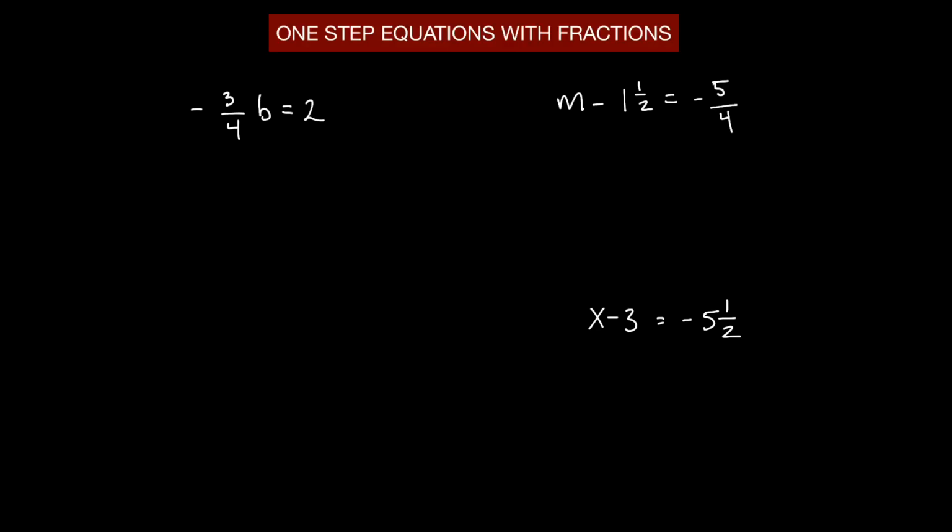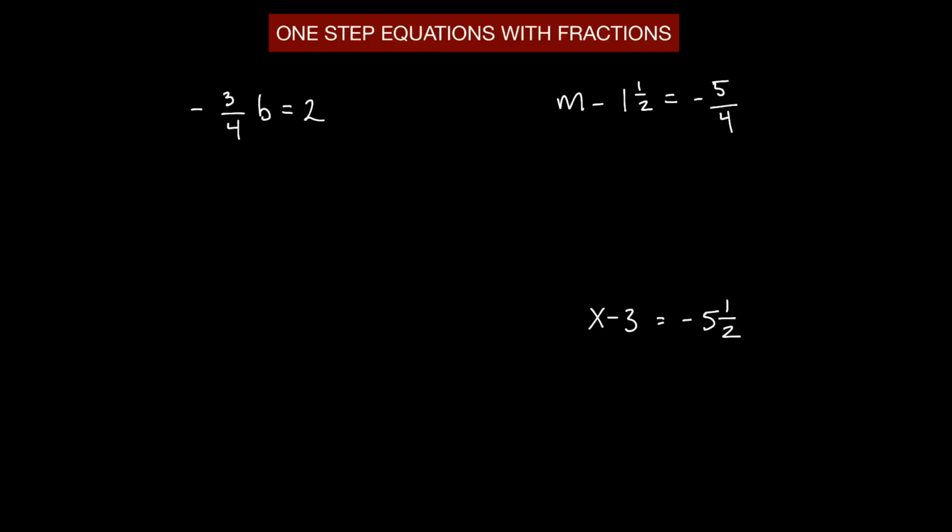Okay, next problem is this one here, negative 3/4 times b equals 2. So to get the variable b by itself, let's say that we divide both sides by negative 3/4, or we can multiply by the inverse.